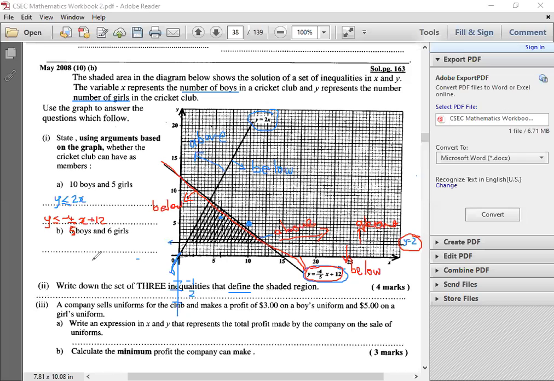For the other one now, that would have been y being greater than or equal to 2, because it's above the line that is shaded, to satisfy the shaded region.